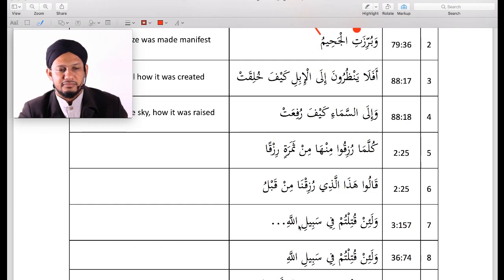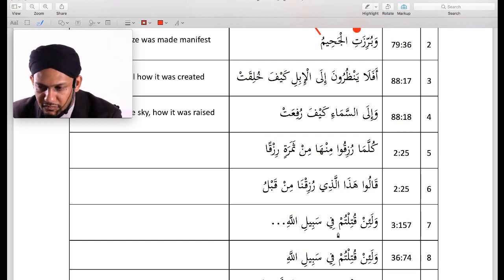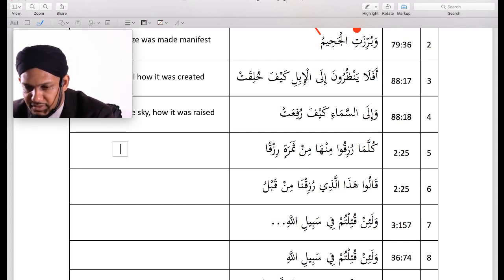How do you translate that? كلما just means every time. Okay, good.